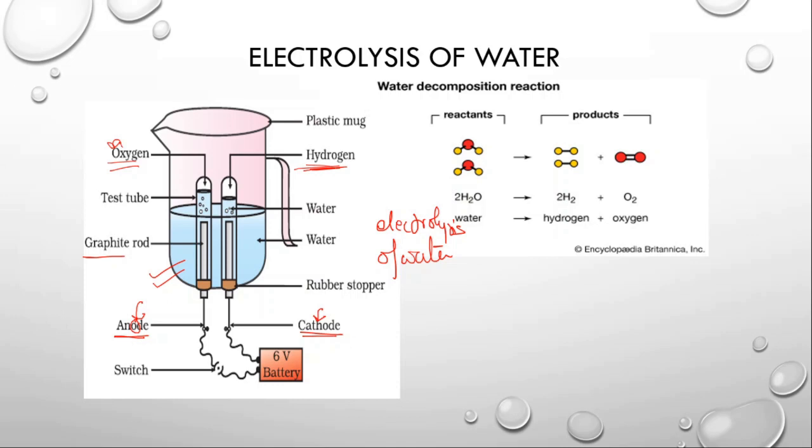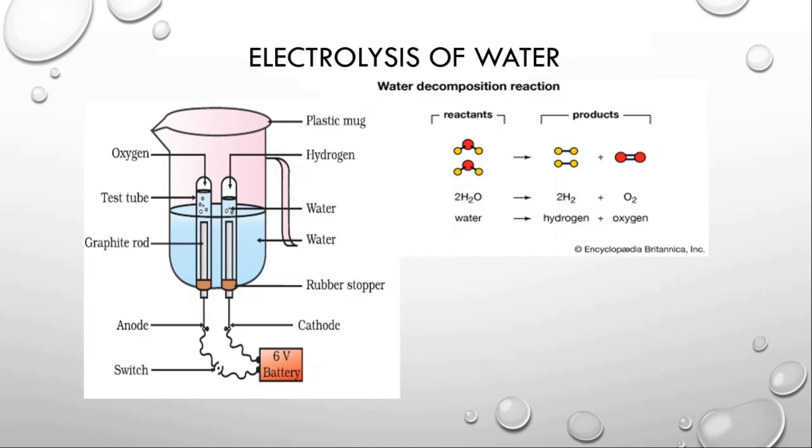Now, when passing the current, the two gas bubbles collect in these inverted tubes, and one thing noticeable here is that the amount of hydrogen collected is twice that of oxygen. This is also a question which can be asked: why in the electrolysis of water is the amount of hydrogen twice that of oxygen?